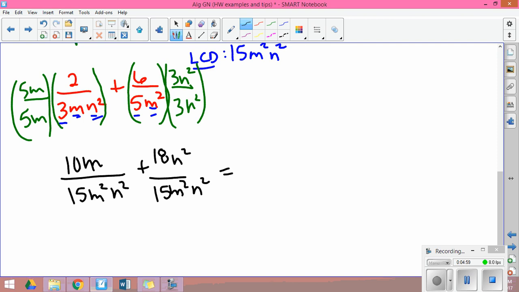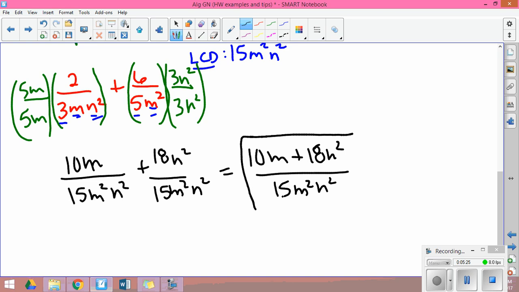Write this as a single fraction, 10m plus 18n squared over 15m squared n squared. Then check, are there any common factors between 10, 18, and 15? There aren't. 10 and 18 have a common factor, but not in 15. N squared, no common factors, so this is your final answer.